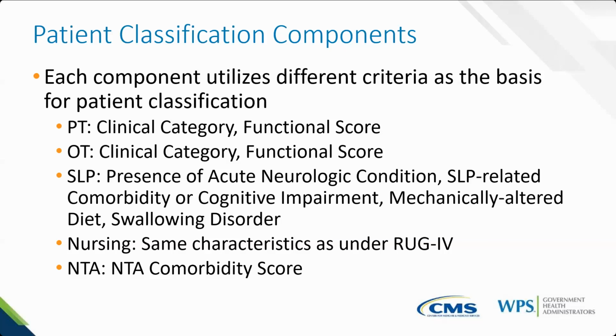For SLP, the presence of acute neurologic conditions, speech language pathology related comorbidity or cognitive impairment, mechanically altered diet, and swallowing disorders. Nursing, same characteristics as were used under the RUG 4, and for the non-therapy ancillary, really with focus with the comorbidity scores.